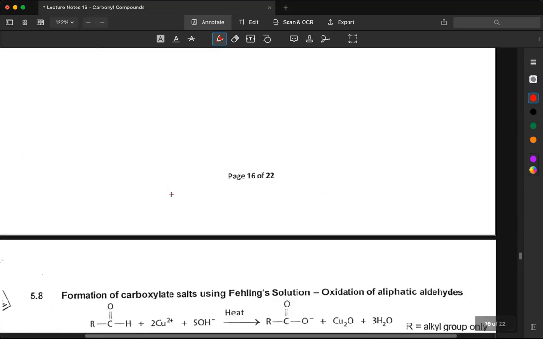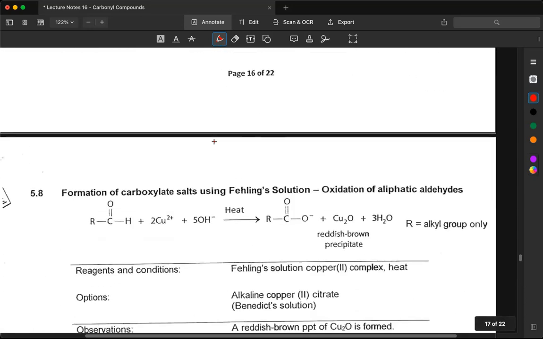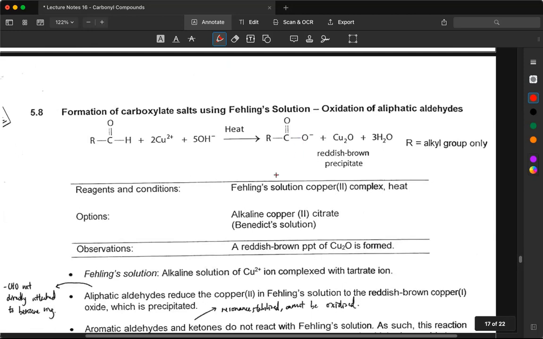So the reaction is very similar to above, where you have the O- form, O- because of the alkaline. So it could be O- Na+ here. Yeah, that's why. If it's acidic, it will be OH, but we use alkaline because only then will the reaction proceed to form the reddish brown precipitate, Cu2O.